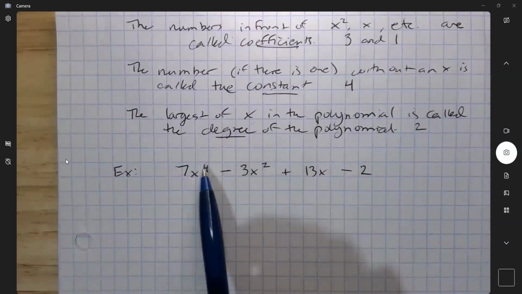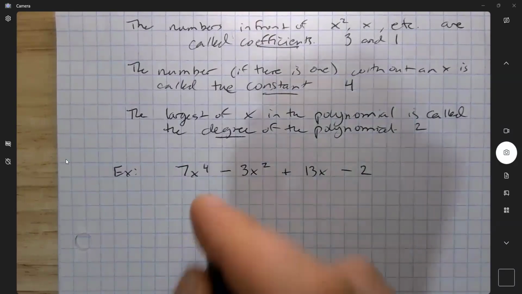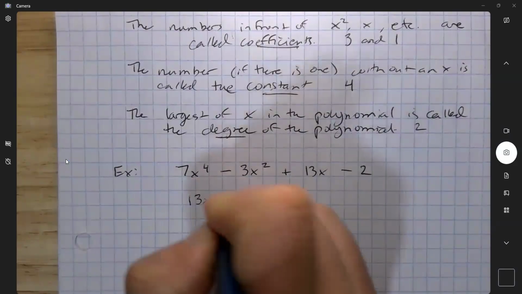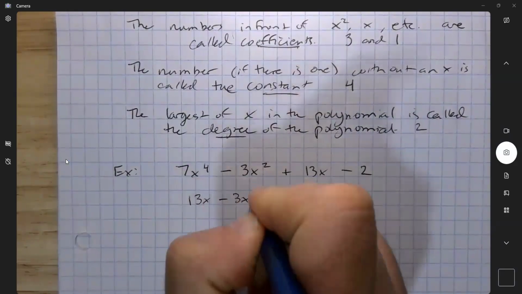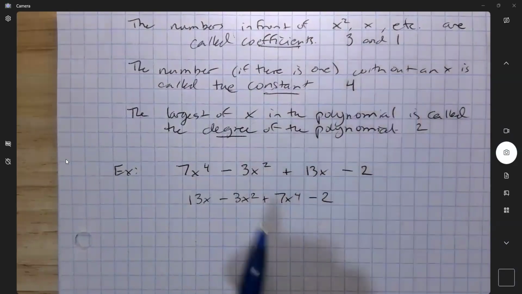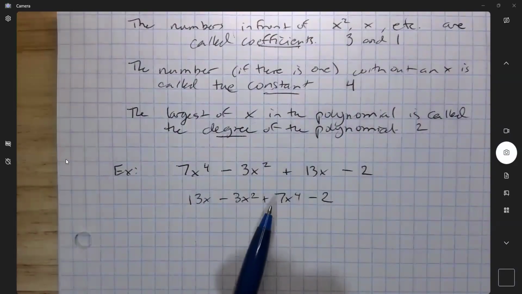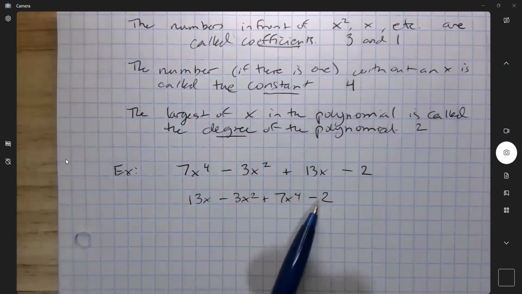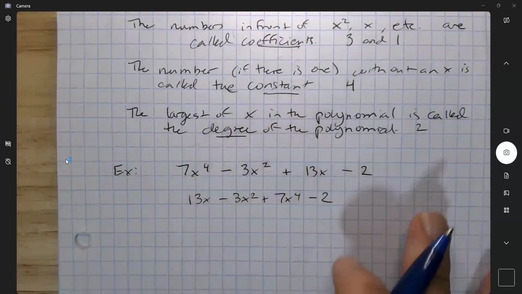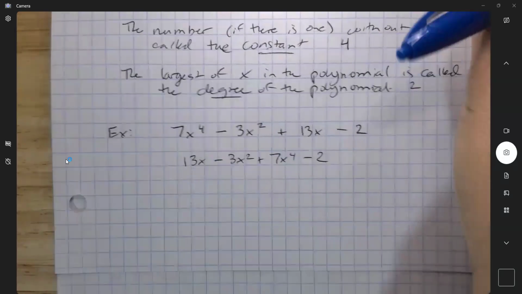We usually write it from the largest power on down, but we don't have to. We could write this as 13x minus 3x squared plus 7x to the fourth minus 2. It won't change the important pieces. It won't change the degree, and it won't change the constant if we write it in a different order. So let's find our coefficients.